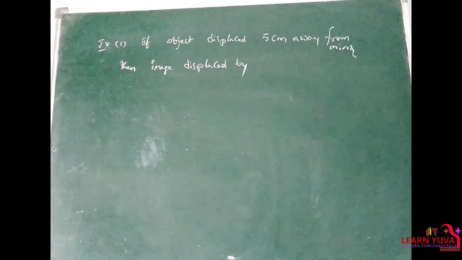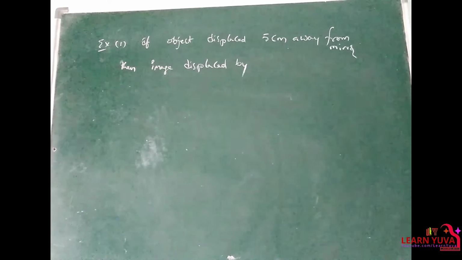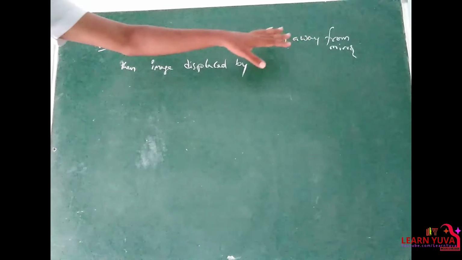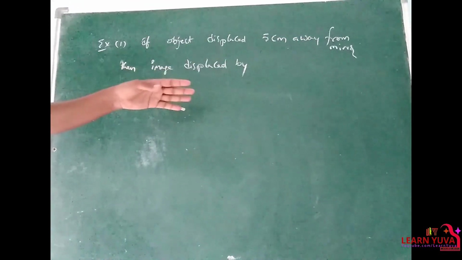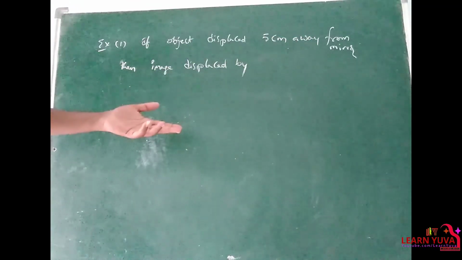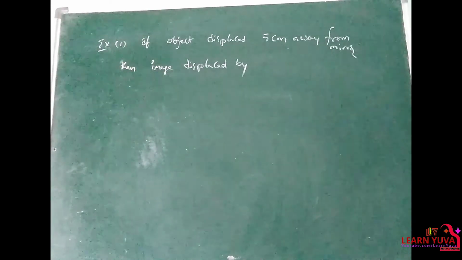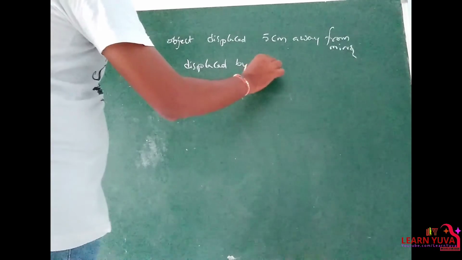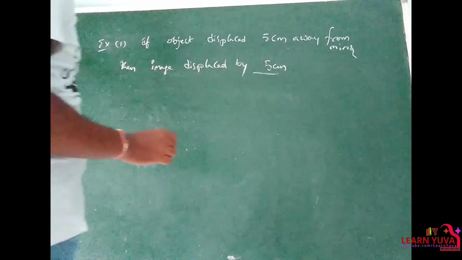According to the displacement of image, first statement, if the object is displaced by x units away or towards the mirror, then the image is displaced by the same displacement in the opposite direction. So here the image is also displaced by 5 centimeters.